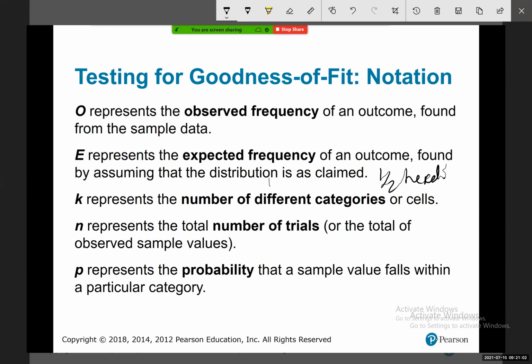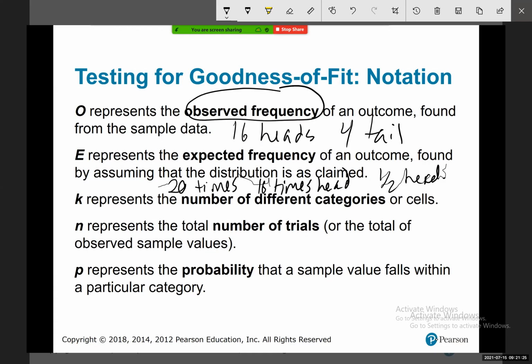Means if you are doing it 20 times, you are expecting 10 heads. But this is your expectation. Your observed might be 16 heads and 4 tails when you're actually observing. So observation means actually observing it, and expectation means what do I expect?